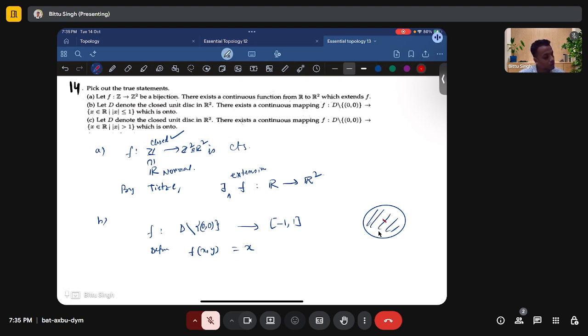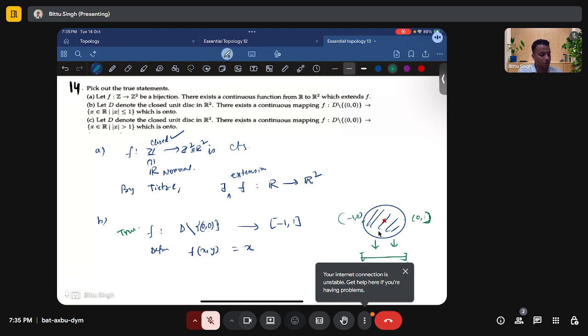We just remove this point, the origin. So we are projecting on the x-axis. Then this is (-1,0), this is (0,1). So this becomes this closed interval [-1,1]. So B is true.